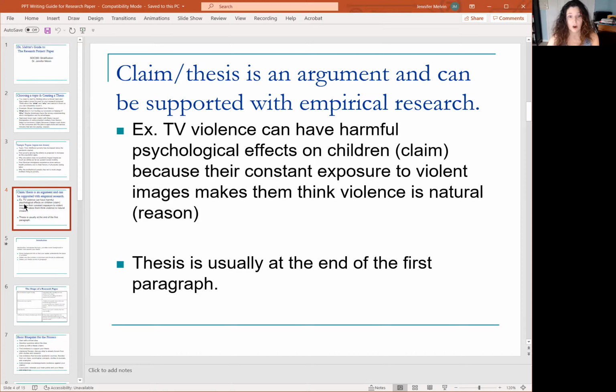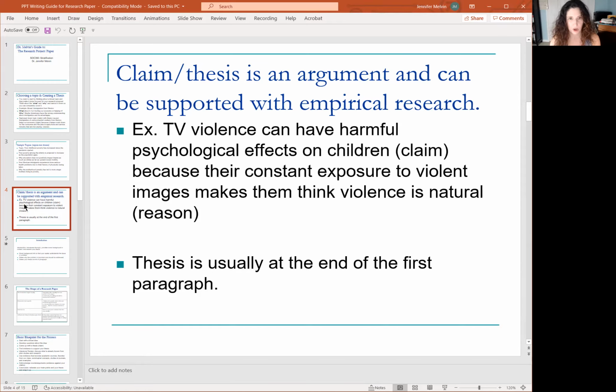TV violence can have harmful psychological effects on children. Oh, we've heard this a million times. That's the claim. It doesn't mean anything. It's just the claim. Because of the constant exposure. It's the constant exposure to violent images that's the problem. That's the reason.